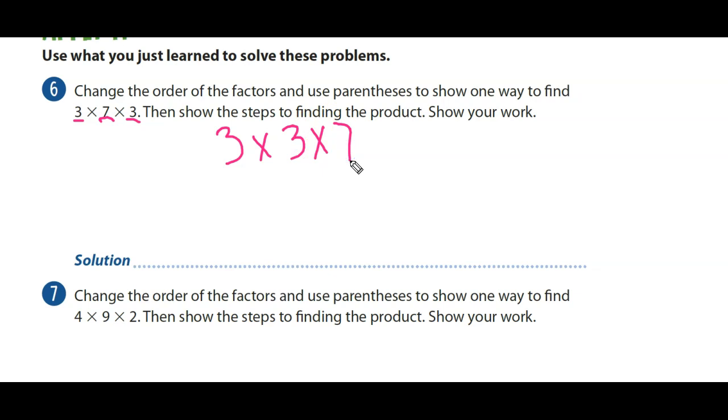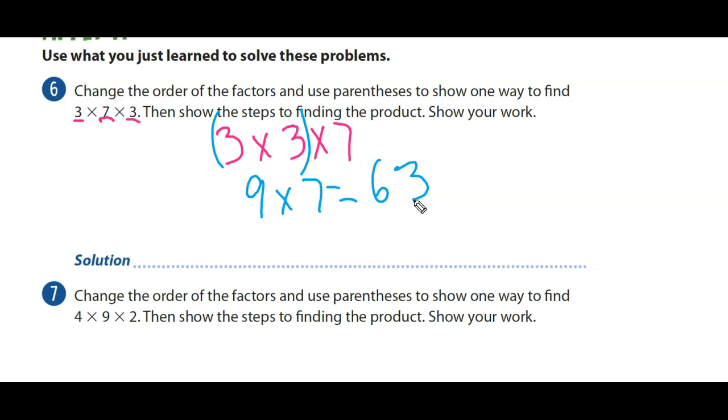So now, which numbers could I actually group together? 3 times 3. I'm going to do this first because I know what 3 times 3 is. 9. So then my new multiplication sentence would be 9 times 7, and I know what that is. 63.